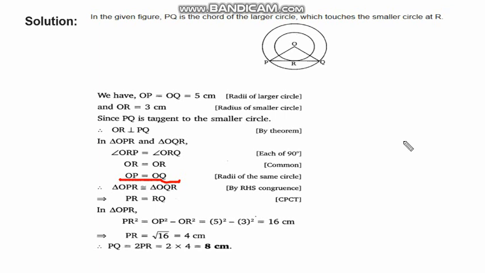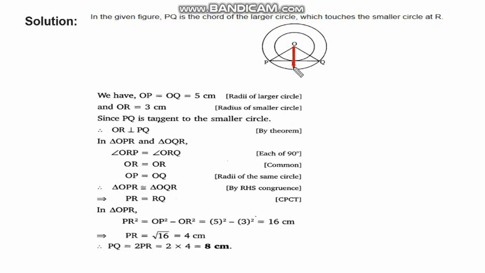Then, as we know, PQ is the tangent to the smaller circle, and OR is perpendicular to PQ, because a tangent is perpendicular to the radius. If we draw this radius, it is perpendicular to this tangent. Means OR is perpendicular to PQ, which is written here.